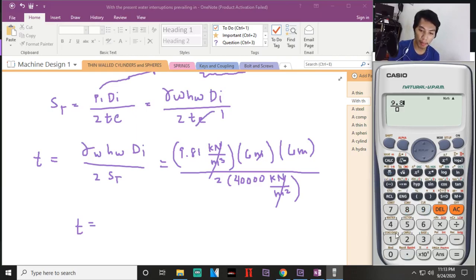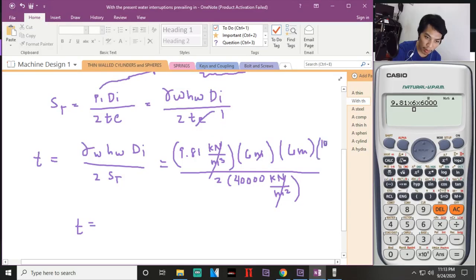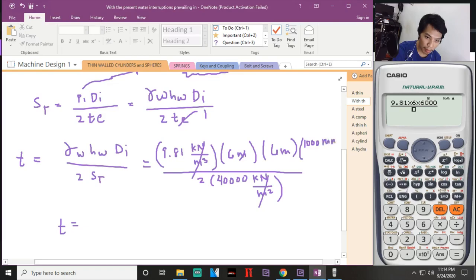9.81 times 6 times 6,000 na agad. 6,000 millimeter. Kinonvert ko na yung meter to millimeter. Okay? Ganito. 1,000 mm per meter.